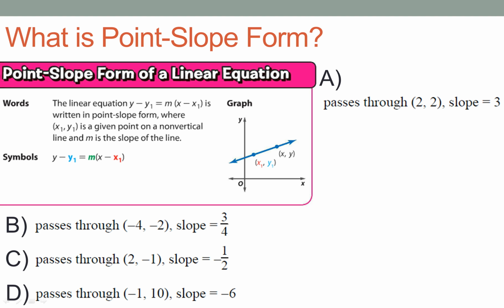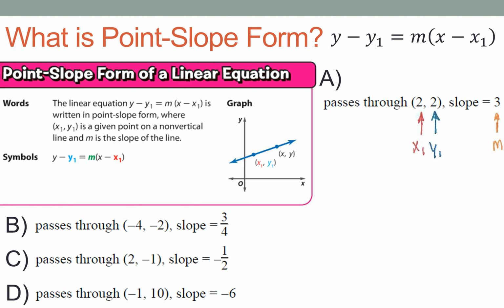Let's take a look at example A. So let's substitute stuff in. Our m is 3 in example A. It passes the point 2, 2, and both of those are our x1 and our y1. Y1 is 2 and x1 is also 2.